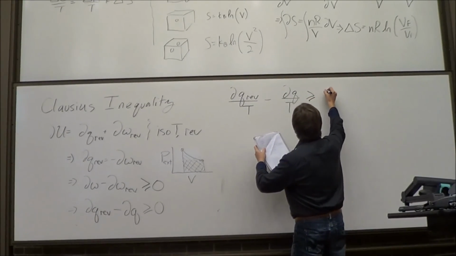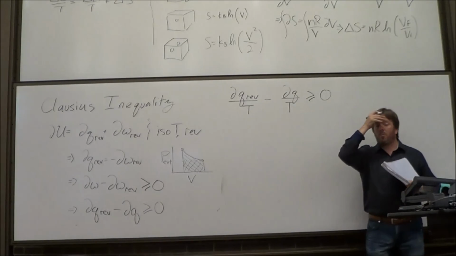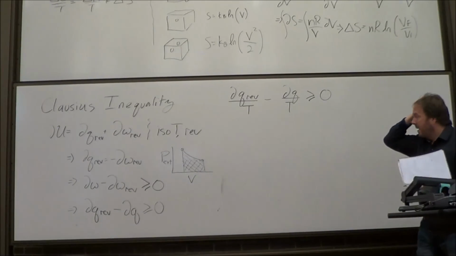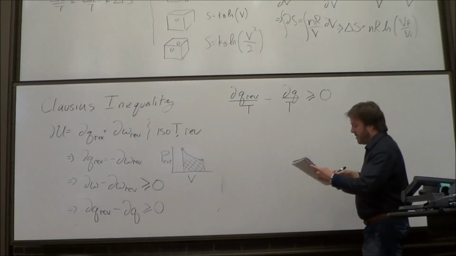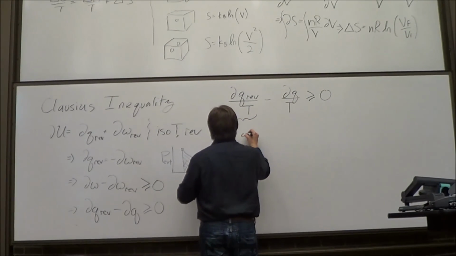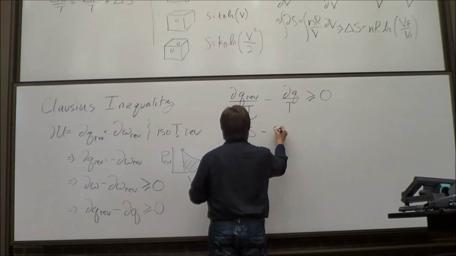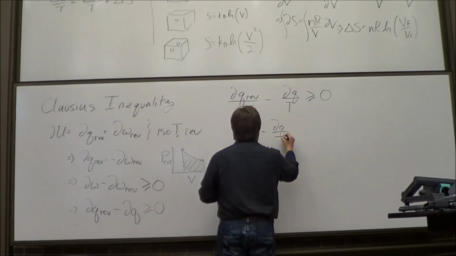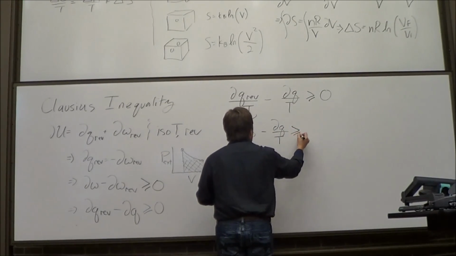Nothing happens. This is what I hate about inequalities, that when you start multiplying things, I get confused. Anyway, I can divide by the temperature, and therefore now you know this, by definition. And this is actually the Clausius inequality, right here.